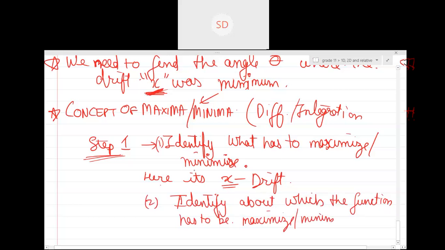So basically x has to be maximized or minimized.